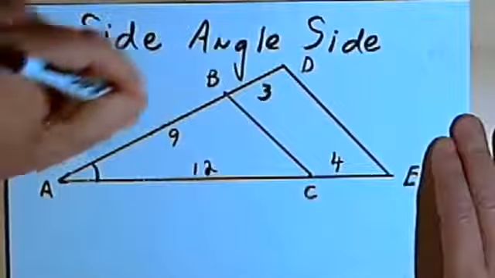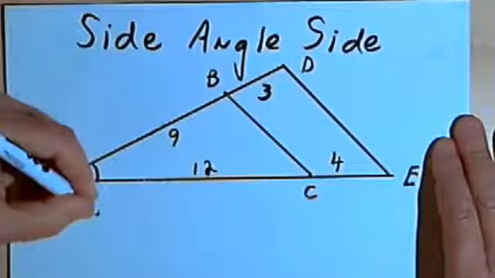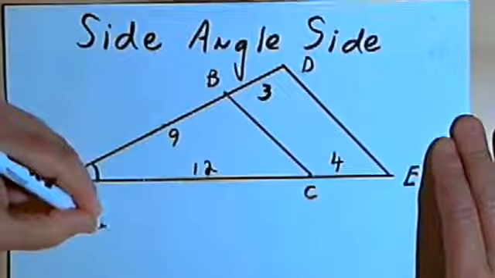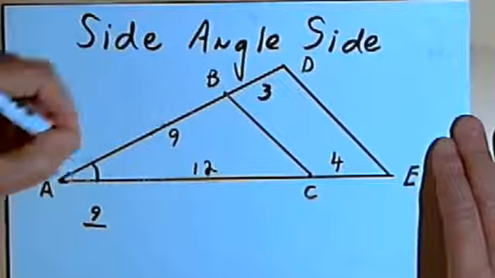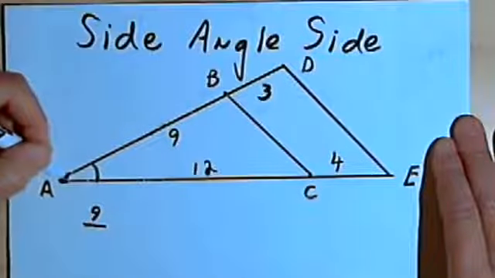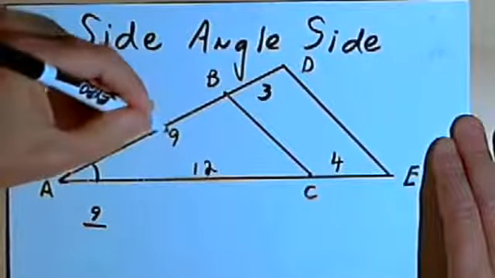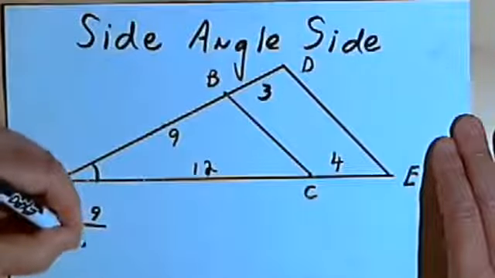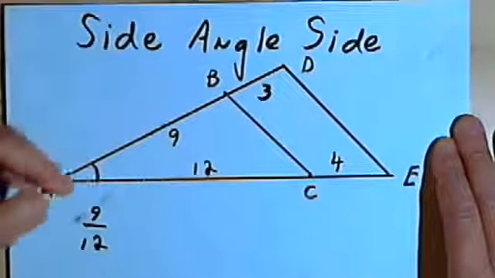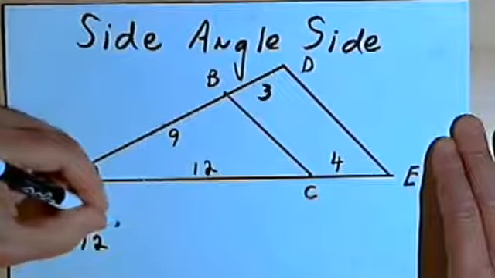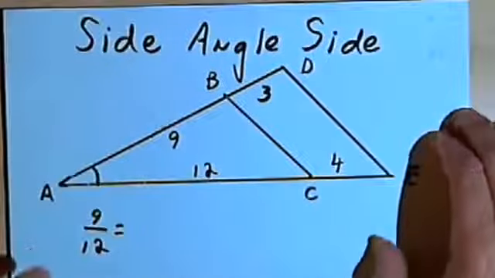So I'll take side AB, the length of AB is 9, and I'll start making a ratio. The corresponding side would be AD, and the length of AD is 9 plus 3 more. So the ratio of AB to AD would be 9/12. And now I'll take the other pair of corresponding sides.